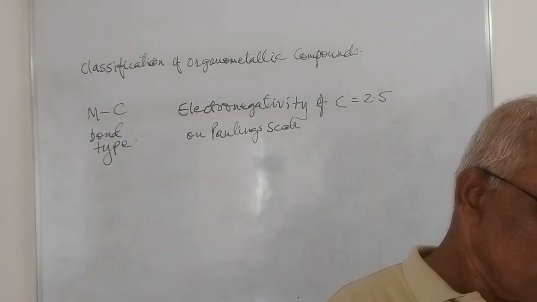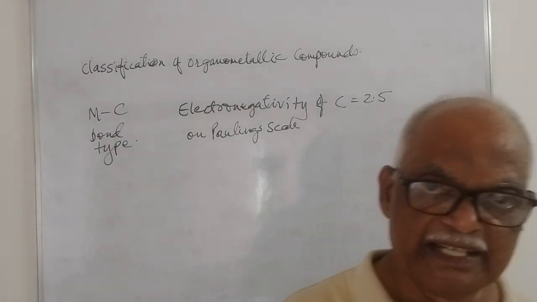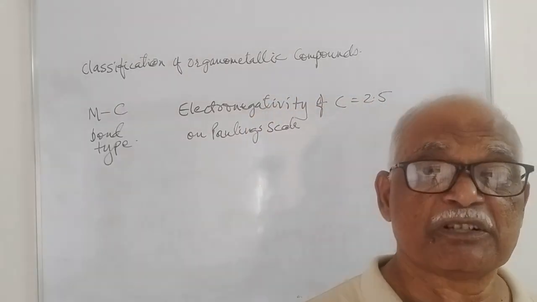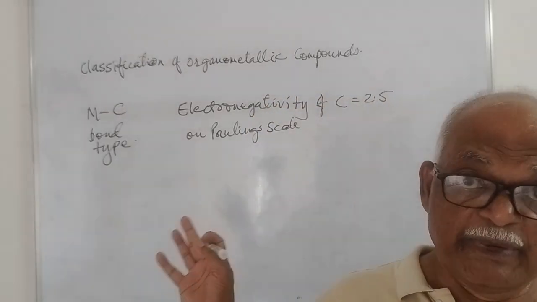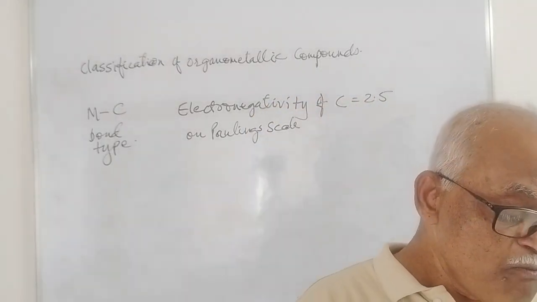So the electronegativity and size of the atom play a very important role in determining the type of bond.